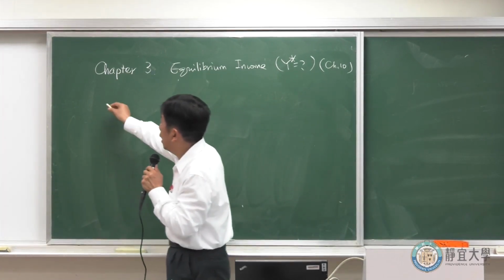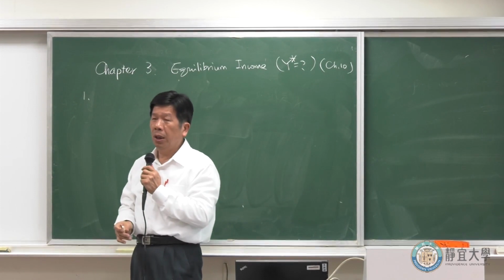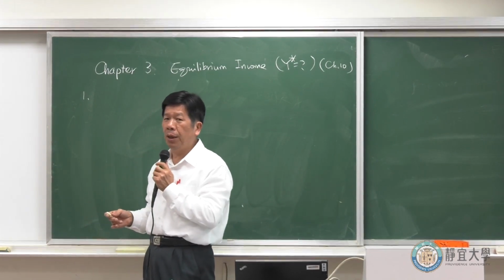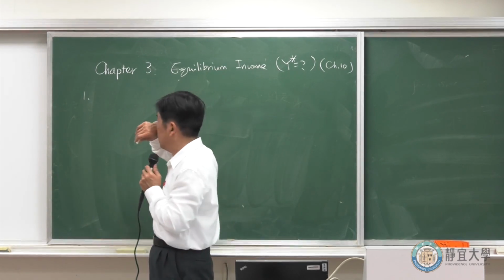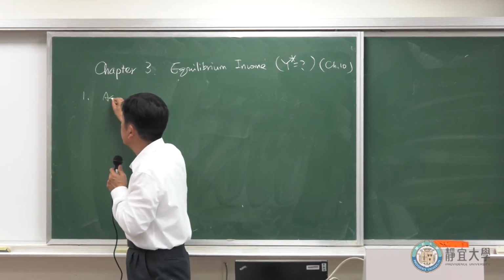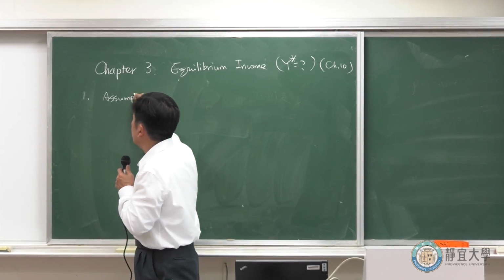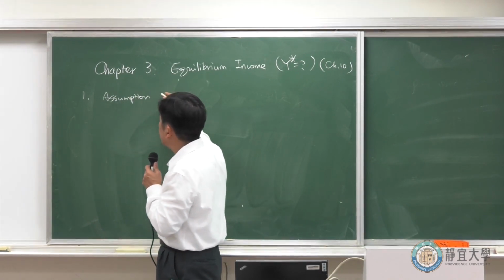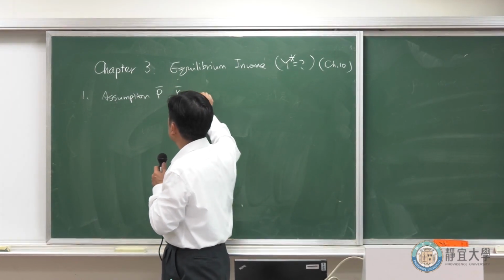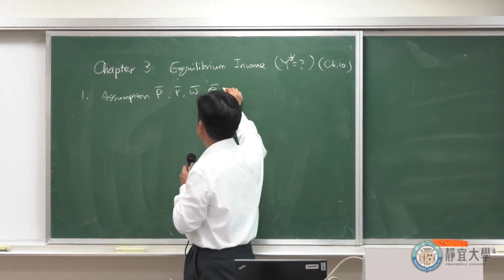In macroeconomics, we have different models. The first one, we make the assumption that P is constant, R is constant, W is constant, and E is constant.